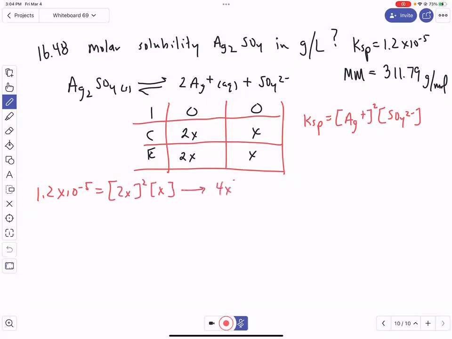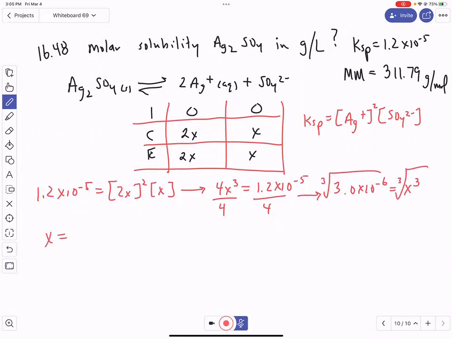So I'm going to get 4x cubed equals 1.2 times 10 to the minus 5. Divide both sides by 4. And I get 1.2 times 10 to the minus 5 divided by 4, which is 3 times 10 to the minus 6, equals x cubed.